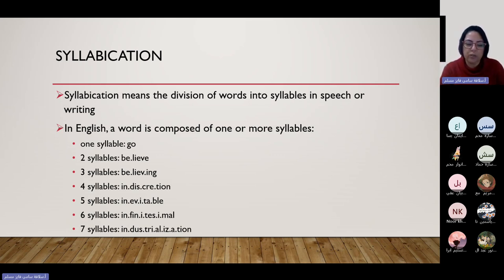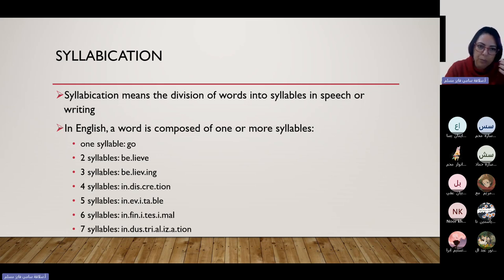So you just check your book, and this is everything you need to know about syllabication. Why do we need to understand it? It's because words change according to the division of their syllables. If we add or delete, therefore, when we translate them, they will undergo some changes. Okay? All right.